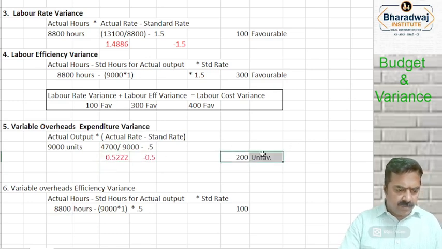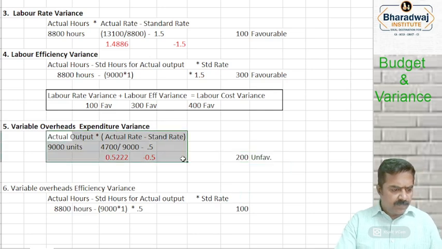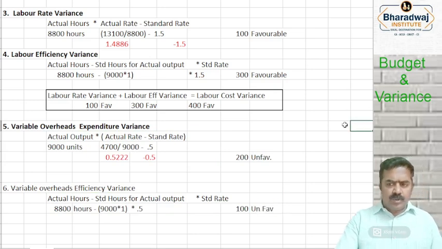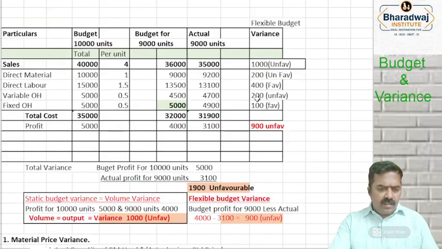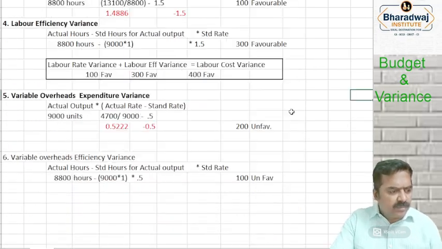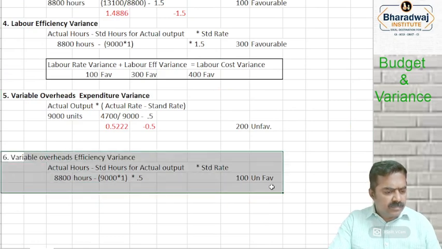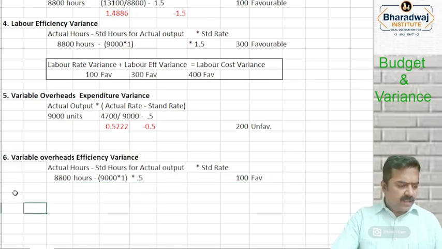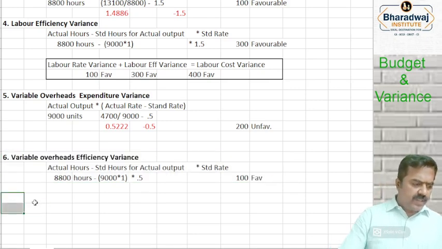That is unfavorable. This is also unfavorable. So total, we can find three. Sorry. Then fixed overhead variance.